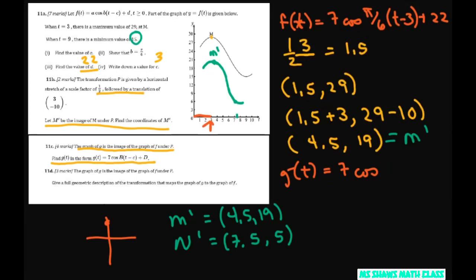Now to do your B, we notice that the difference from 4.5 to 7.5 is 3.